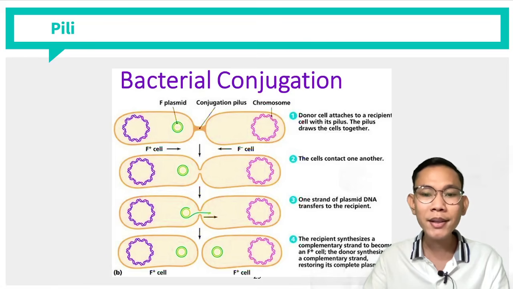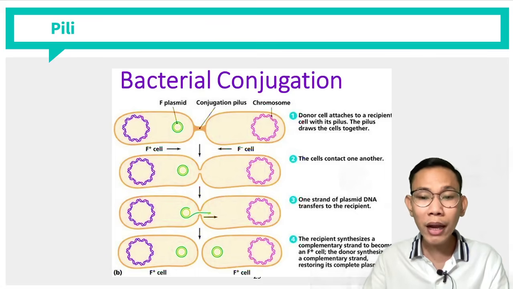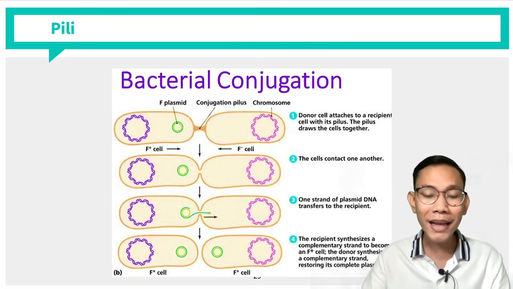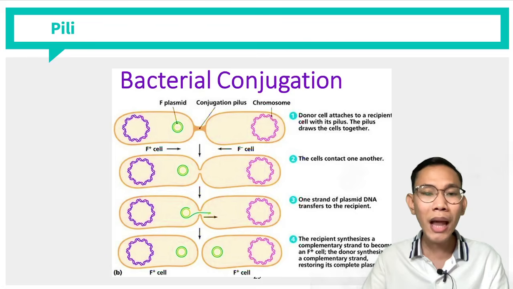What will happen next? The cells contact one another. Then, one strand of your plasmid DNA transfers to the recipient. Tingnan nyo. One strand of your plasmid transfers to the recipient. So, in short, both of these cells contain one strand of your plasmid. Therefore, what will happen next?